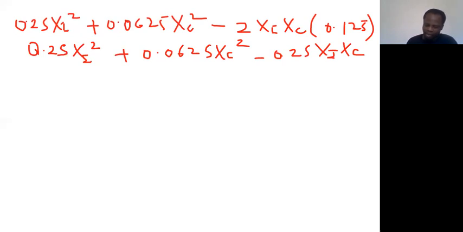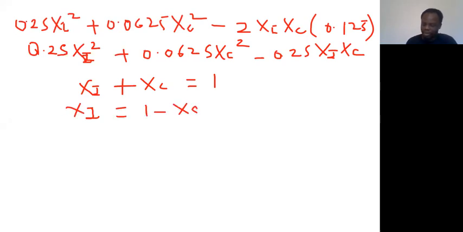But the question is, now we have this to be a function of what? xi and then xc. But we know that the weight of xi plus that of xc should always be equal to what? 1. That means I can say that xi is equal to 1 minus xc. Then I can replace it into the equation, right?